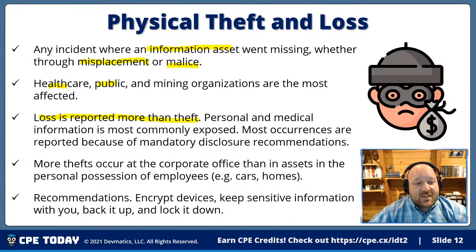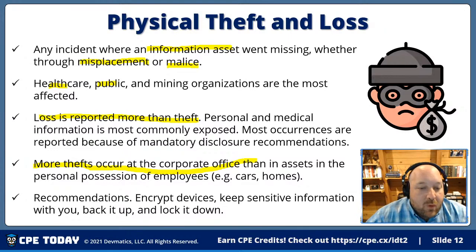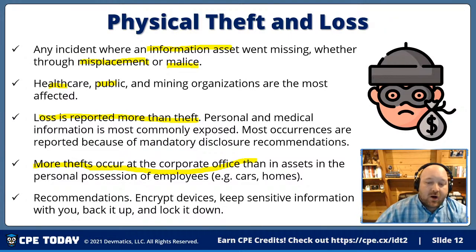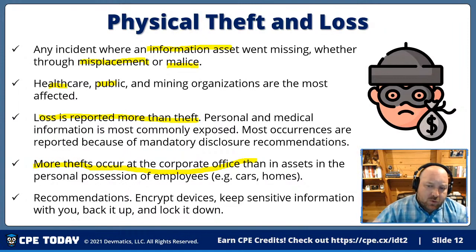What's interesting is that more theft occurs at the corporate office than to assets in the actual possession of the employees. So typically we will see more theft occur where we are doing our work than from our cars or homes, although that is certainly something to consider. And we're speaking specifically about corporate assets, corporate computers, corporate phones, things of this nature.